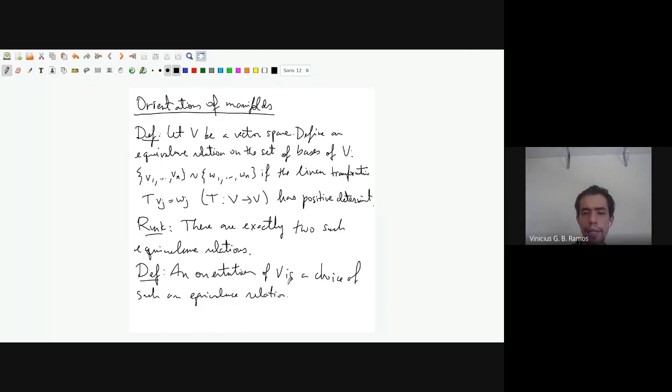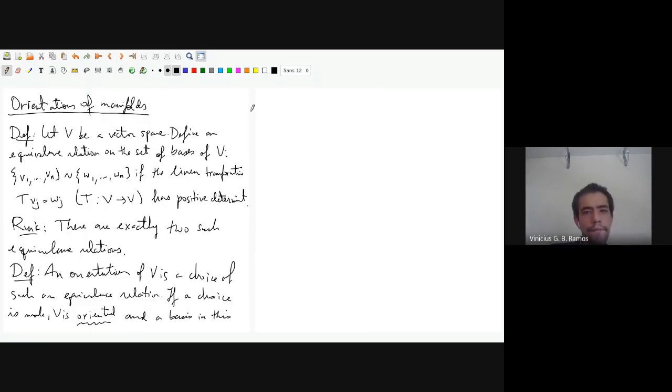If a choice is made, V is said to be oriented, and a basis in this equivalence class is called an oriented basis.